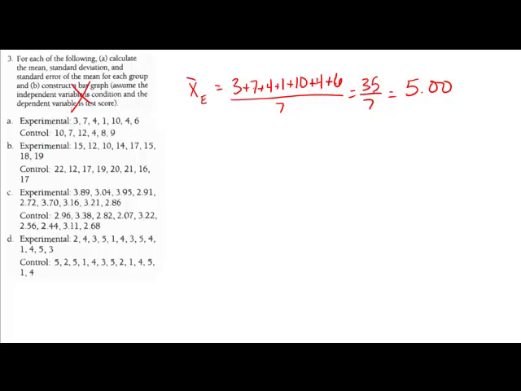The next thing is to calculate the standard deviation. That's an equation way back from chapter 4. I should probably have an equation sheet in front of me, but let's just go ahead and grab that real quick.